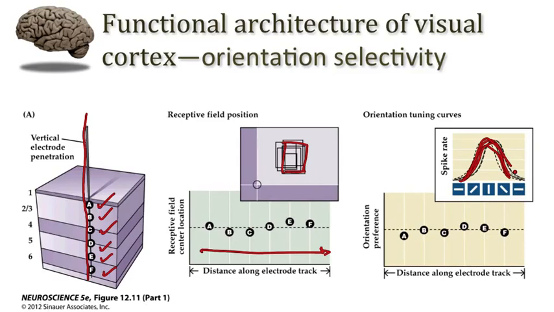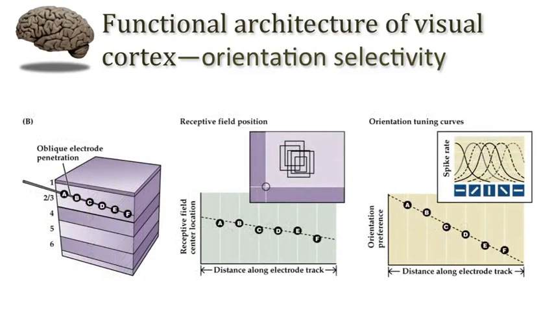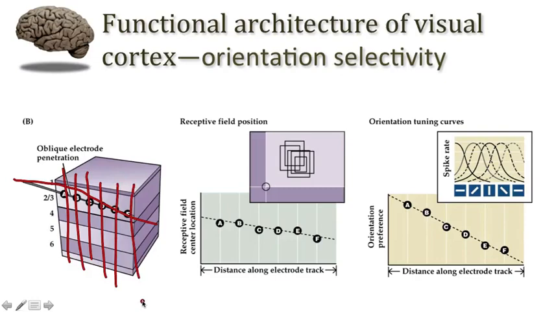Now, a different story would be observed if the angle of the electrode penetration is made much steeper, and that's what's shown in this experiment. So now the microelectrode is coming into the cortex at a very sharp angle, such that we are passing across a set of cortical microcolumns, progressing from one to the next.